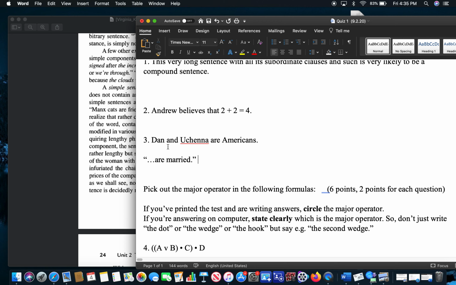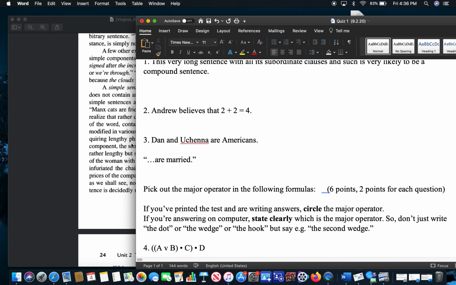It is not the case that "Dan and Uchenna are married" can be paraphrased as "Dan is married and Uchenna is married." Why not? Because one sentence only paraphrases another sentence if they are both true in the same situations and false in the same situations. And it's possible for "Dan is married and Uchenna is married" to be true when the sentence "Dan and Uchenna are married" is false. In which situation? When we're both married to different people.